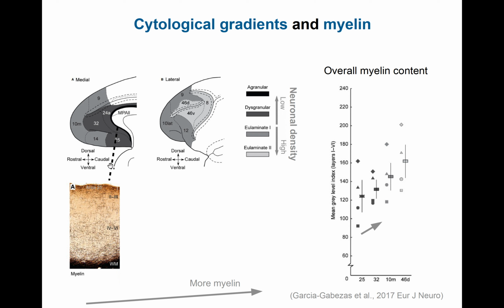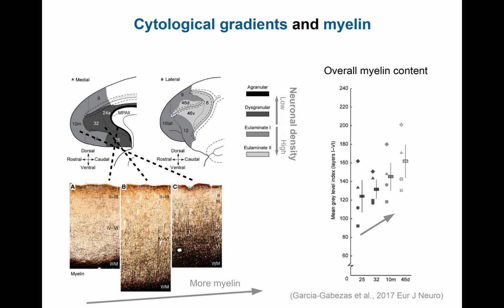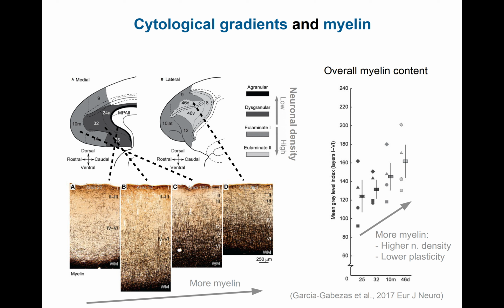And as it's here depicted, the less cytologically dense areas also exhibit low myelin content. And this stepwise gradual increase in cytological composition, neural density, is accompanied also by an increase in the overall myelin content. So that means more myelin is equal to higher levels of neural density.